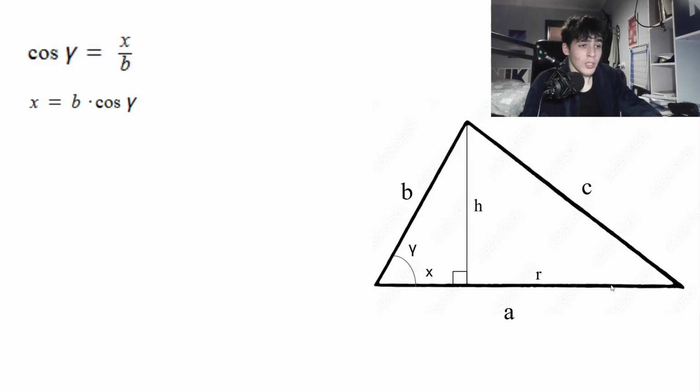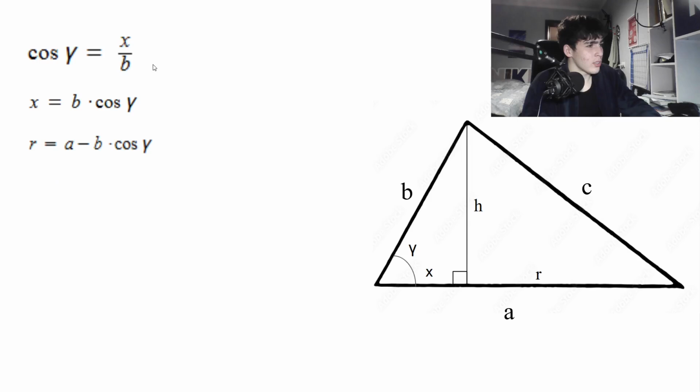Okay, so now let's label this other segment r, and now we know that x plus r equals a because they make up the side a. And we can write r as a minus x, and we already know what x is in terms of b and cosine of gamma, because x is equal to b times cosine of gamma. So instead of x here, we can write b times cosine of gamma.